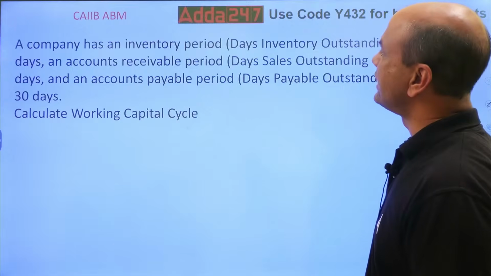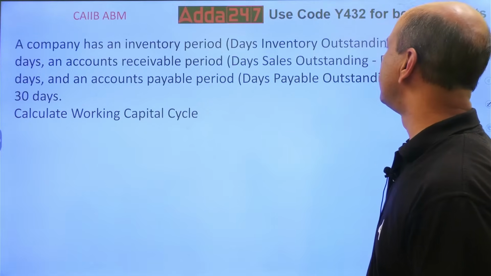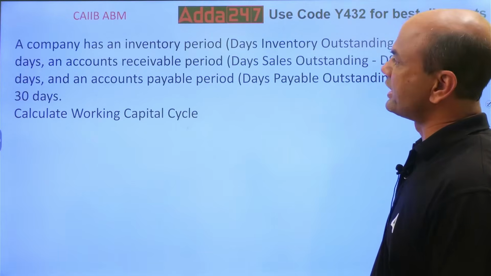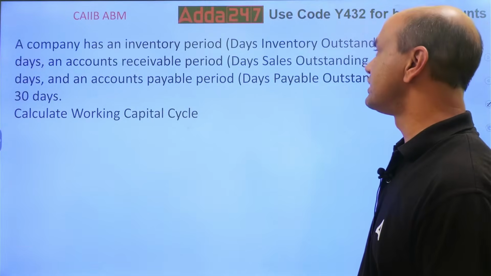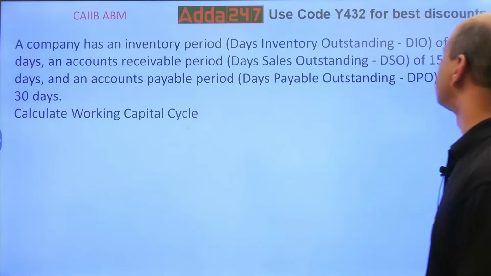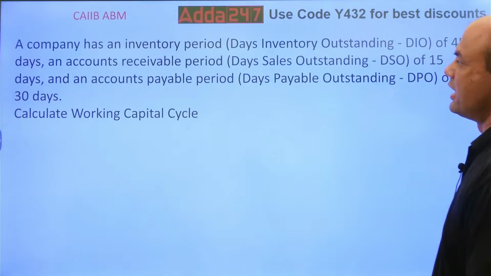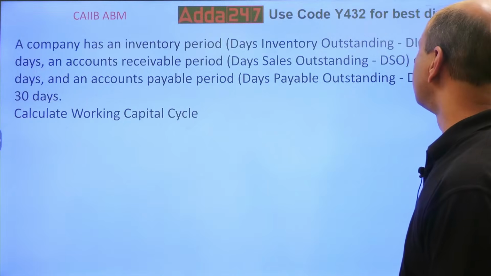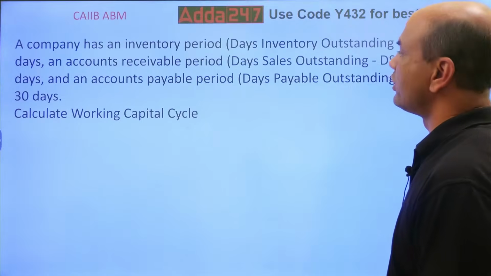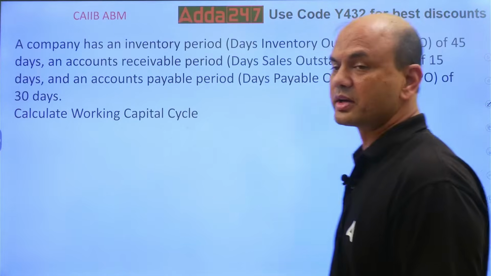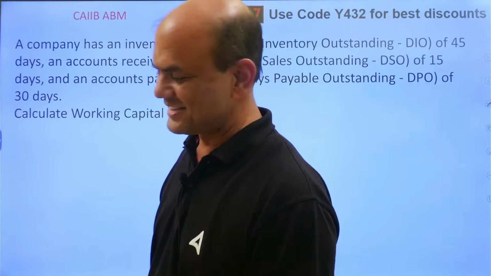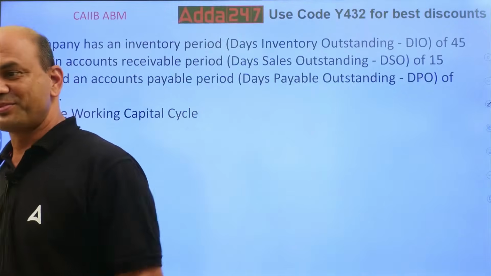A company has an inventory period, meaning days inventory outstanding, of 45 days, an accounts receivable period, days sales outstanding, of 15 days, and an accounts payable period, meaning days payable outstanding, of 30 days. Calculate the working capital cycle. Just now we saw the formula.